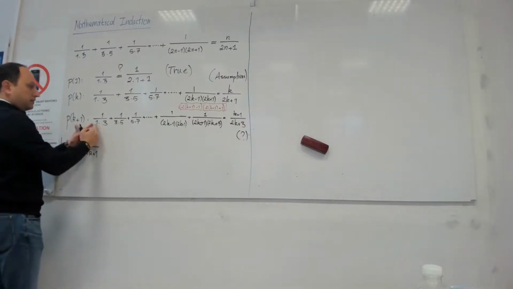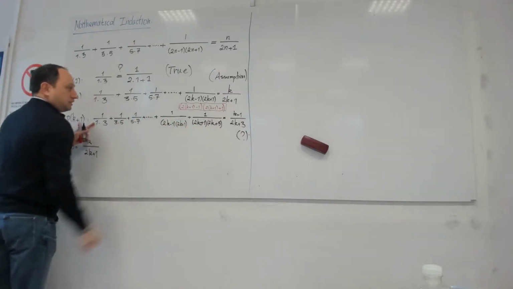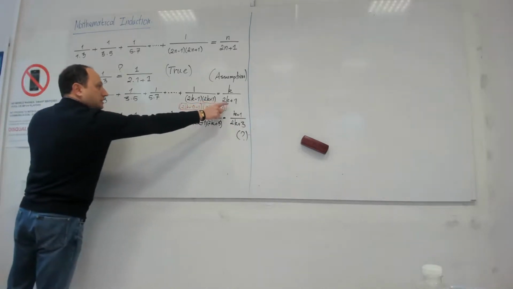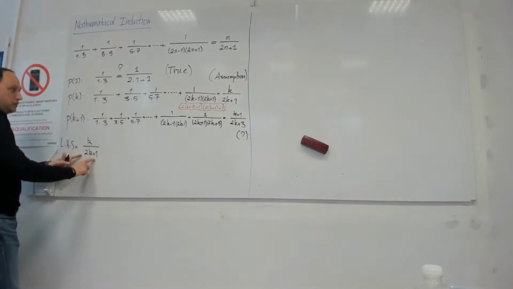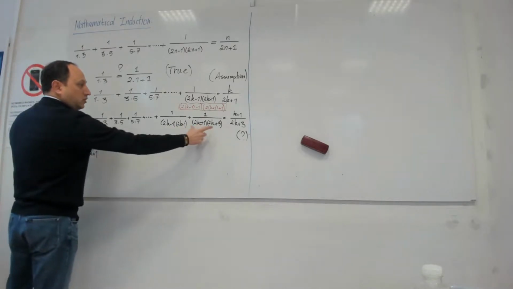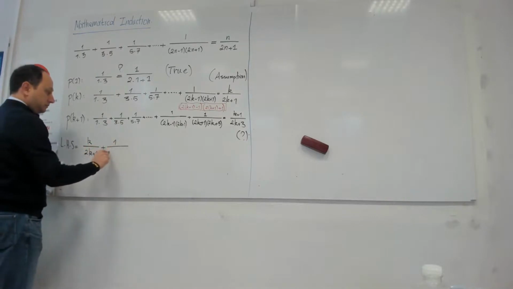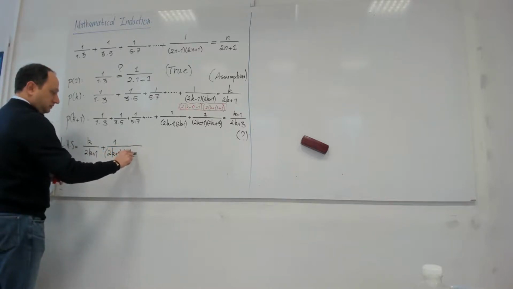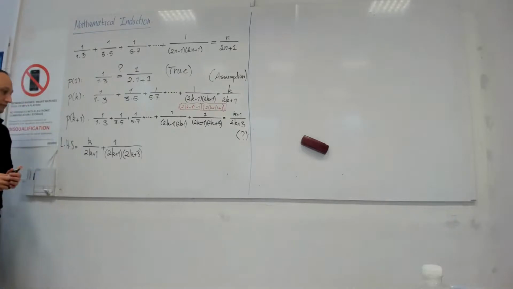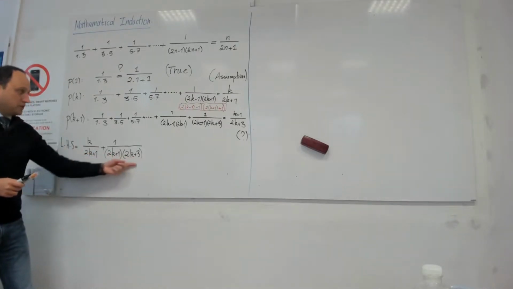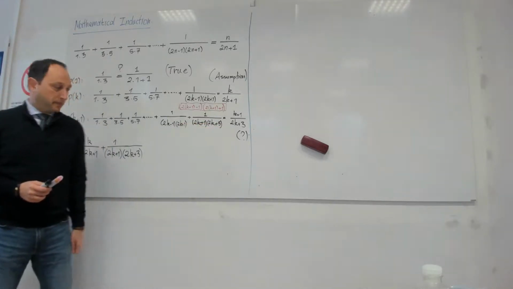The left-hand side is from here to here, but from here to here is just this expression, and by assumption, it is k divided by 2k plus 1. And after this, only one term is left. So I have to add it here as well. And then I have to do some algebra to simplify this expression to the right-hand side.